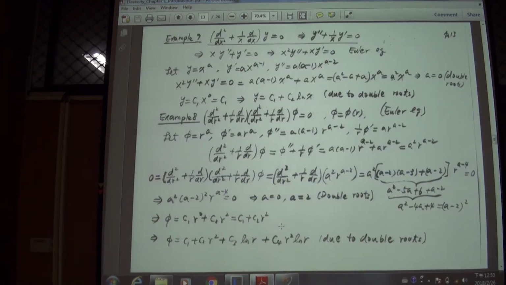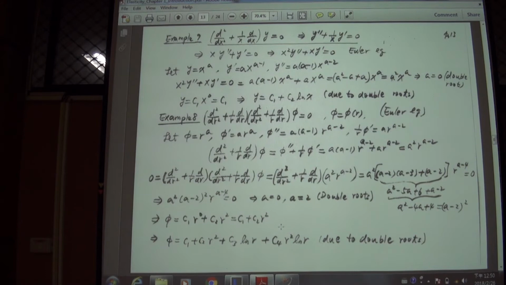Let us look at another example of Euler equation. Here, this is another operator. This one is the differentiation with respect to y twice, and this one is the differentiation with respect to y once.